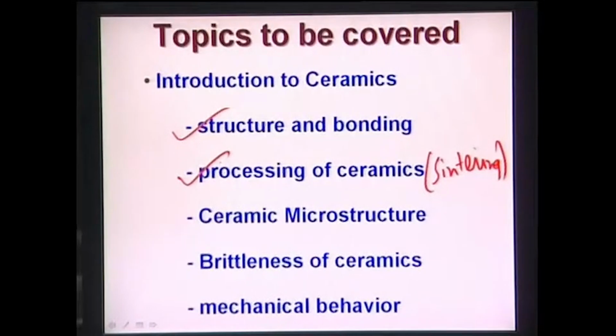How the sintered microstructure looks, and how it is different from that of other materials, will be stressed upon. One of the major concerns of ceramics is brittleness. For example, in some of the lectures it has been repeatedly mentioned that hydroxyapatite, which has been widely regarded as an important bioceramic material because of its good biocompatibility and bioactivity, suffers from extreme brittleness, because hydroxyapatite has a fracture toughness of less than 1 MPa square root meter, around 0.6 MPa square root meter.